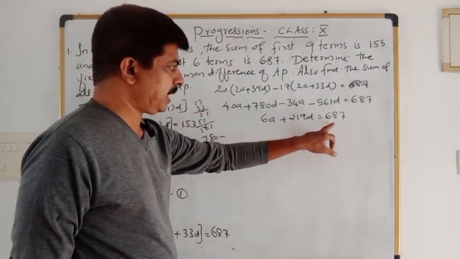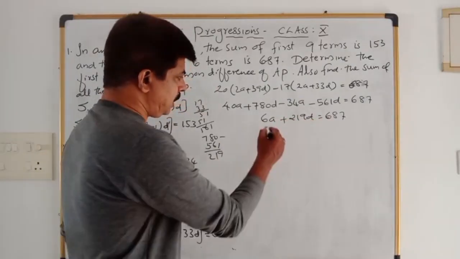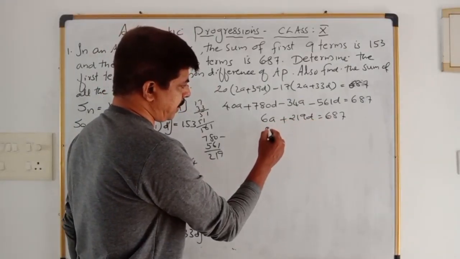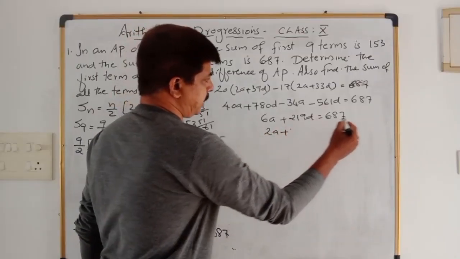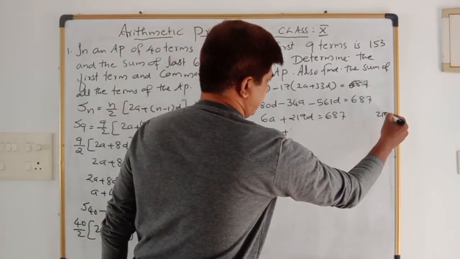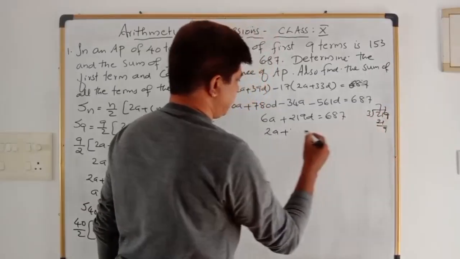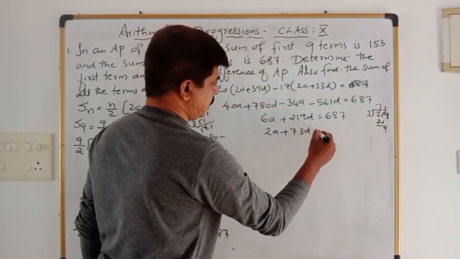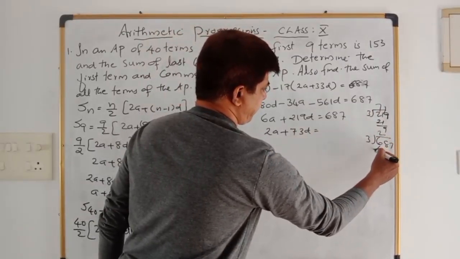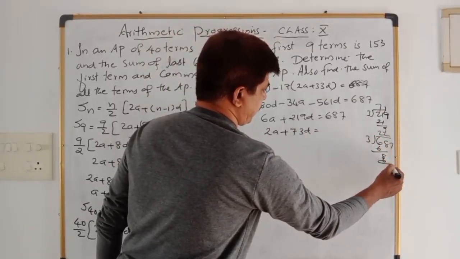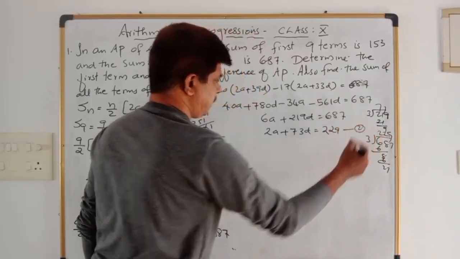Each term is divisible by 3, so divide by 3: 2a plus 73d is equal to 229. This is equation 2.